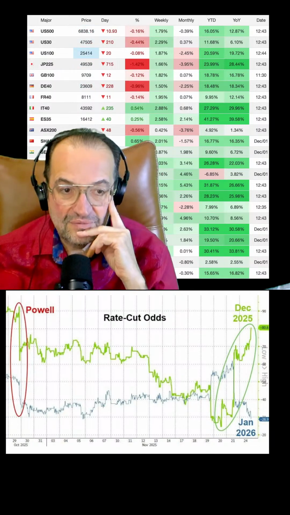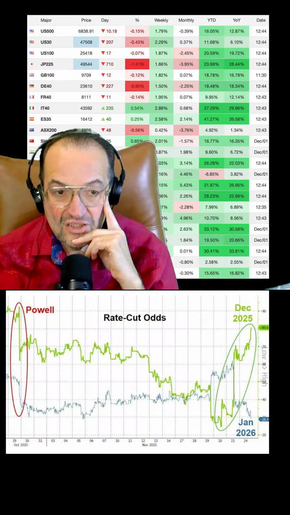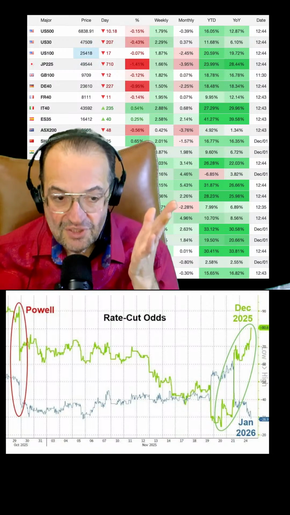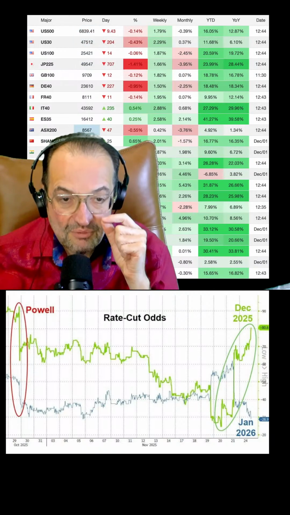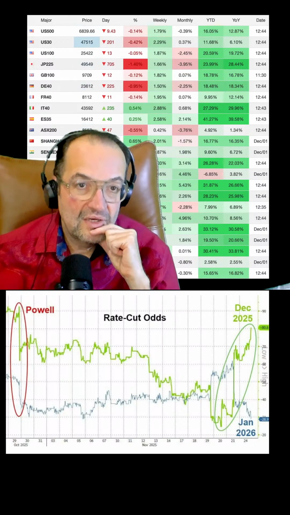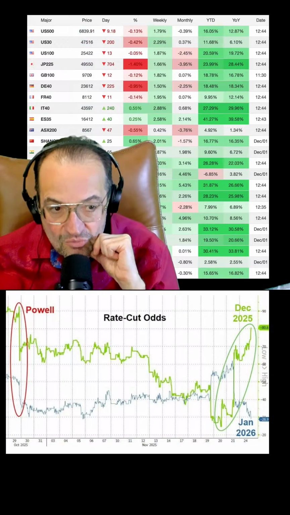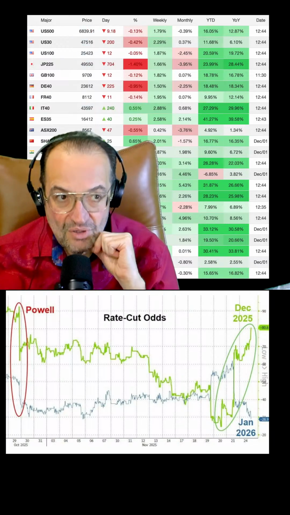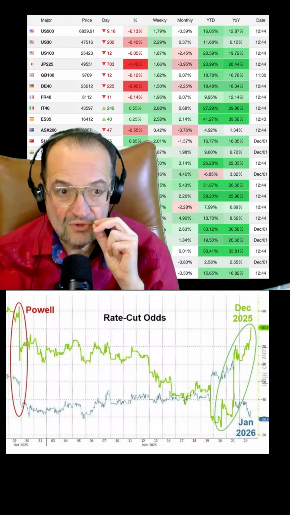Soon after his comments, the green line jumped, surging upward as traders price an increasing probability that the Fed may cut rates earlier or more aggressively. Don't forget, this chart is from October 29th, so we are recent and monitoring this really close.